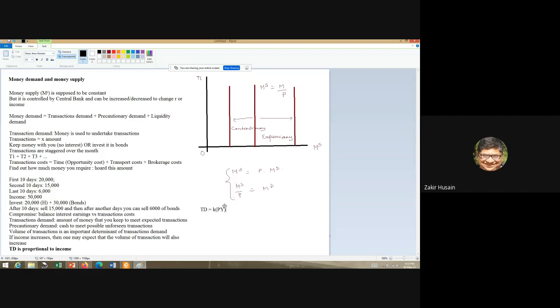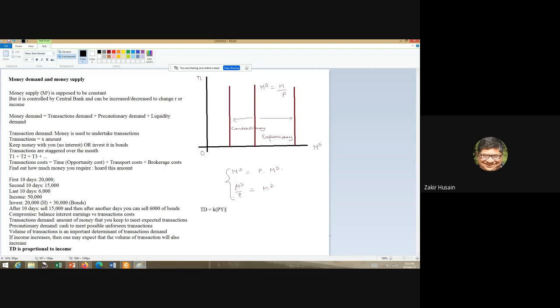One reason why we keep it like this is just convenience. In our case, price is constant, and money supply also is constant. If we just keep MS by P, it means that we have a constant equal to MD, when MD can change with Y and r. Okay, so this form is convenient.